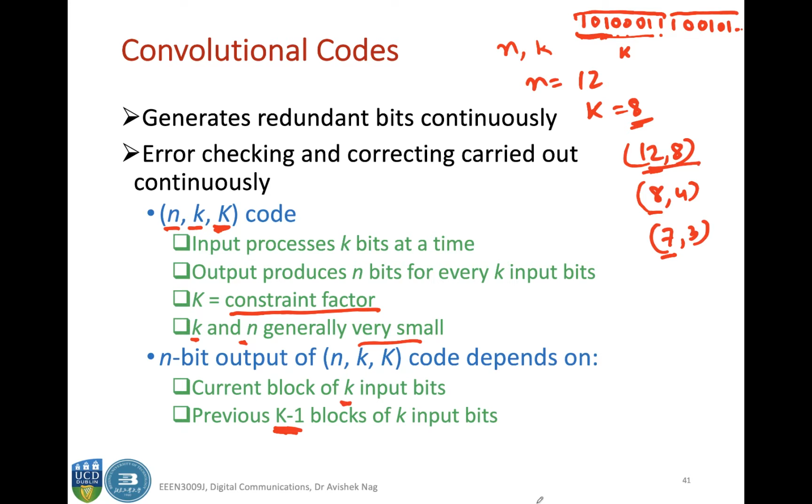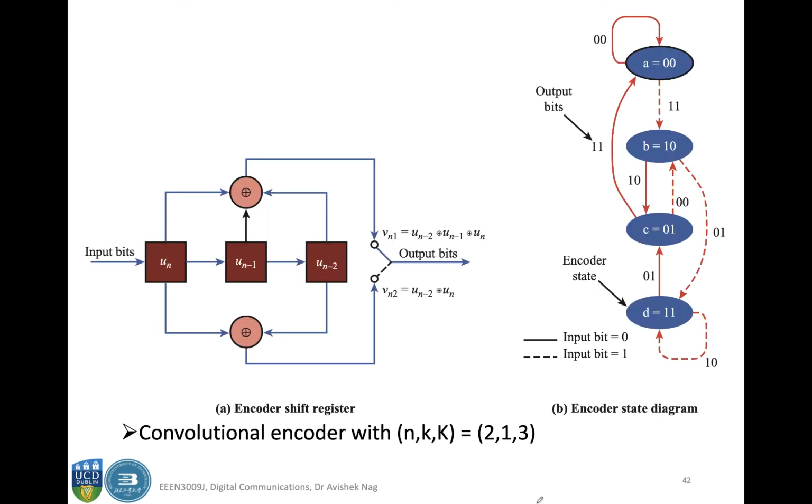Let's see with this example. Basically the convolutional encoder is implemented using these shift registers and this modulo 2 addition. This capital K basically tells you how many shift registers you are using to generate your convolutional code.